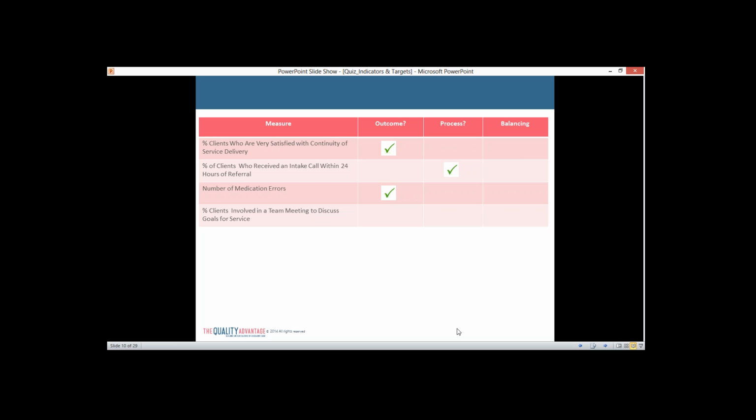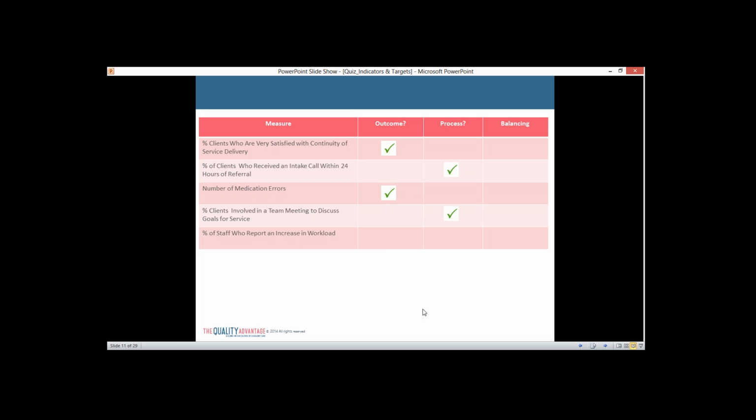Let's take a look at the next one, percentage of clients involved in a team meeting to discuss goals for service. Do you think that's an outcome, a process, or a balancing measure? If you selected process, you're correct.